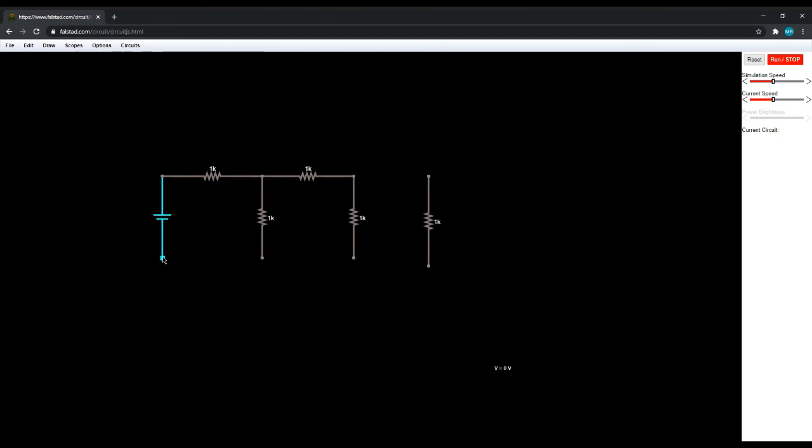And then just make the wires align together so that we can connect the ends of the terminals to make a complete circuit.